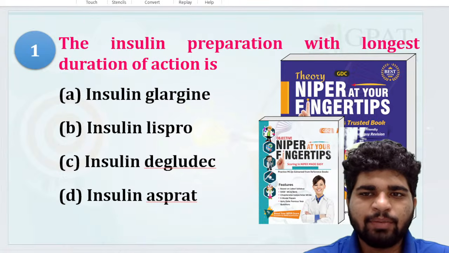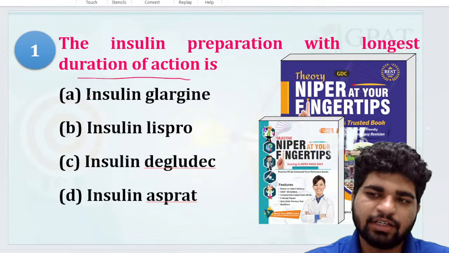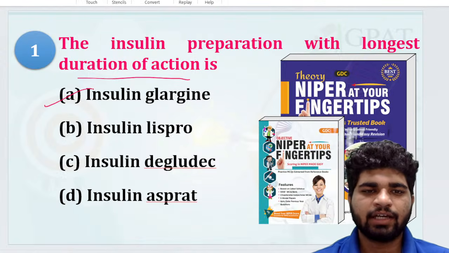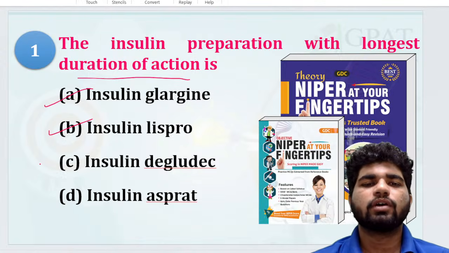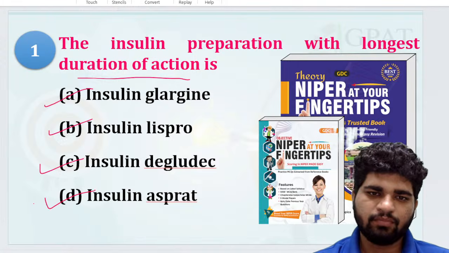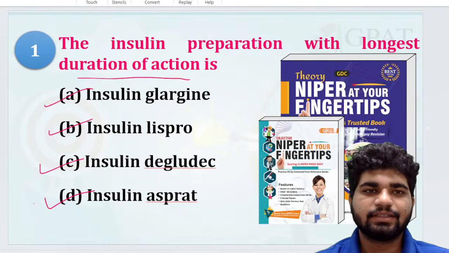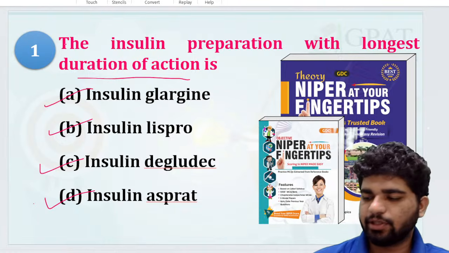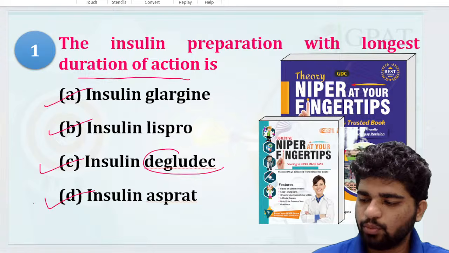The insulin preparation with the longest duration of action, they are asking. Insulin glargine, insulin lispro, insulin degludec, or insulin aspart. That is nothing but your insulin degludec.